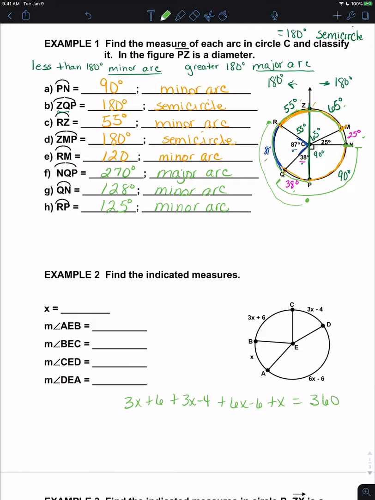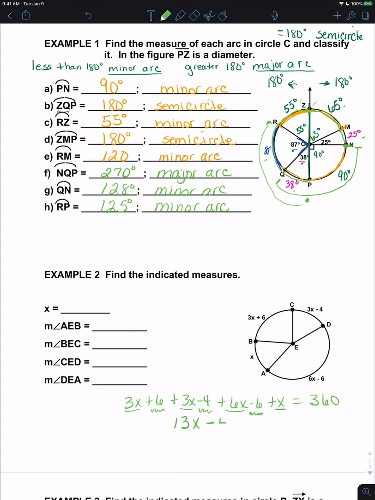Let's add all our like terms together. We've got 3x and another 3x is 6x, plus another 6x is 12x, plus this 1x gives us 13x. Then if we add our whole numbers, we've got a positive 6 and a negative 4, which makes 2, and then another negative 6, so 2 minus 6 is negative 4.